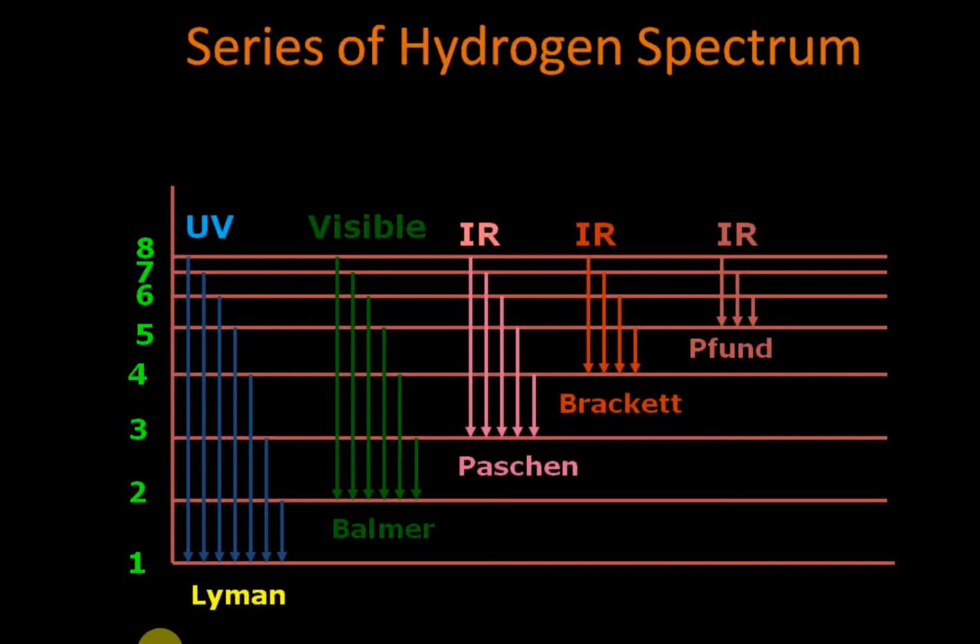So the four series are the Lyman, Paschen, Brackett and Pfund series. These radiations are invisible.